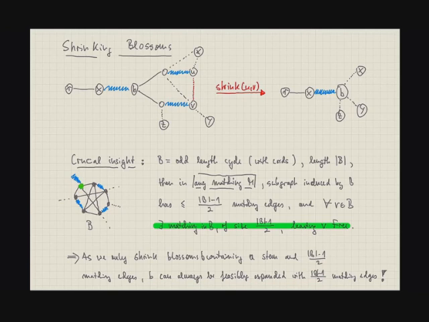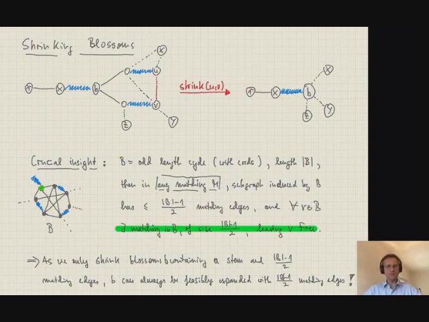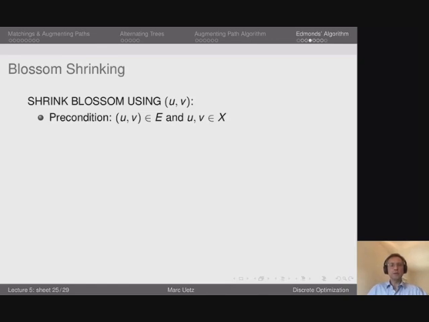So that is hopefully the intuition that you need in order to understand the blossom shrinking business. Technically, we introduce into the algorithm a new step, which is called shrink blossom, using a particular edge that we found. The precondition is, of course, that it has to be an edge of the graph, and both vertices currently have an even length distance from the root node.